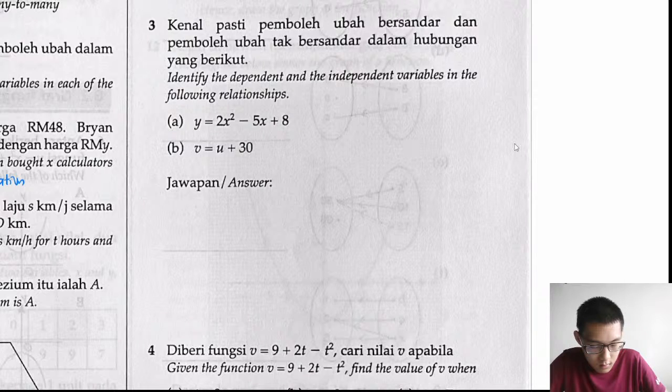So which one is dependent? Which one is independent? V and U are dependent. 30 is independent, right? Constant variable, no? So this is the dependent, and this one is independent.